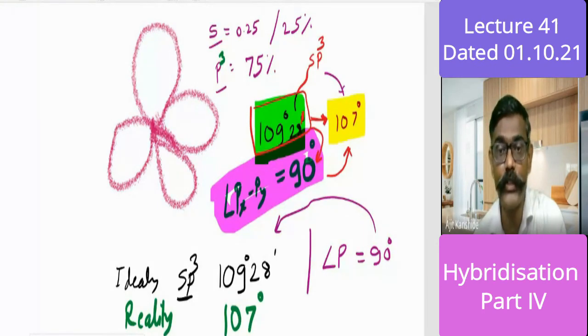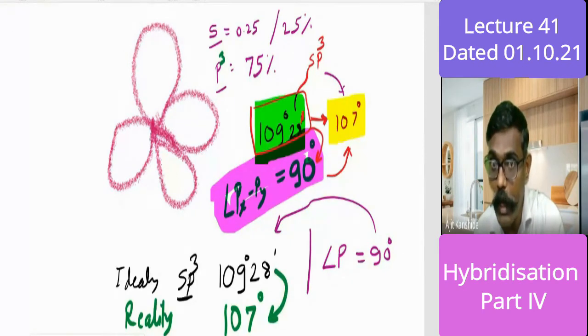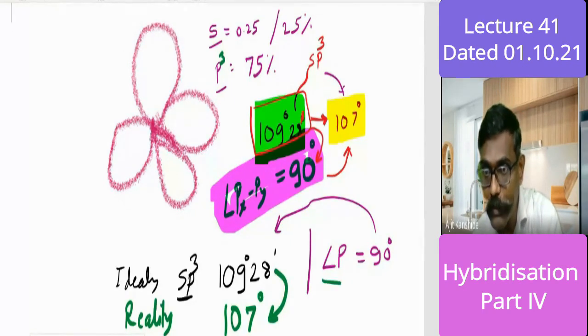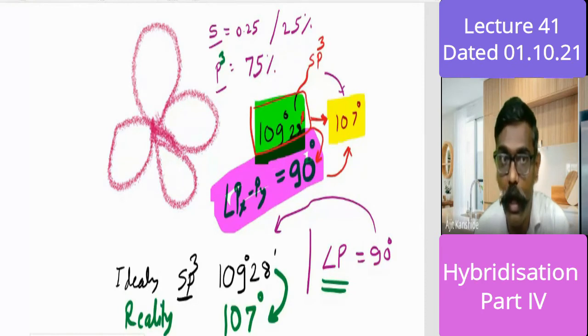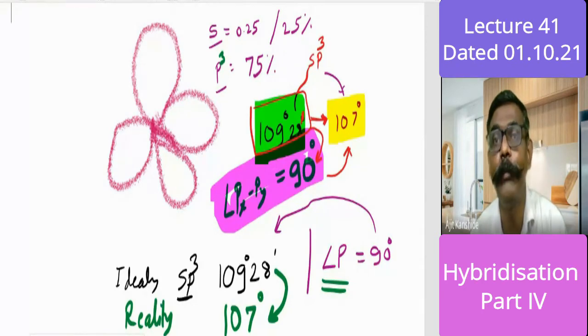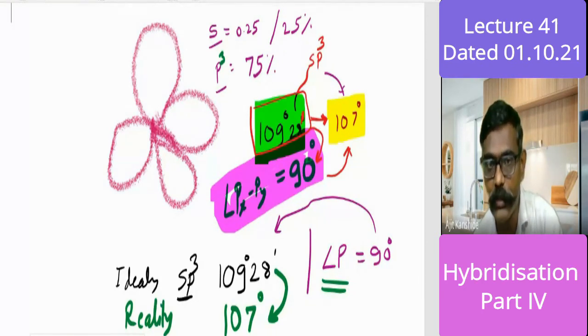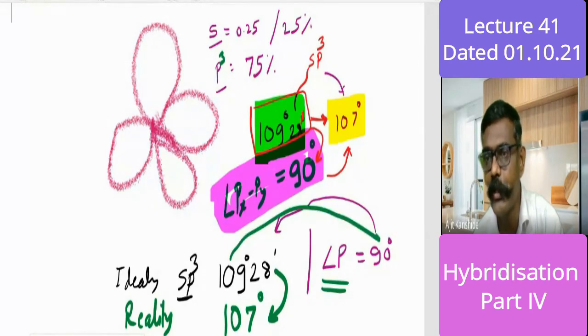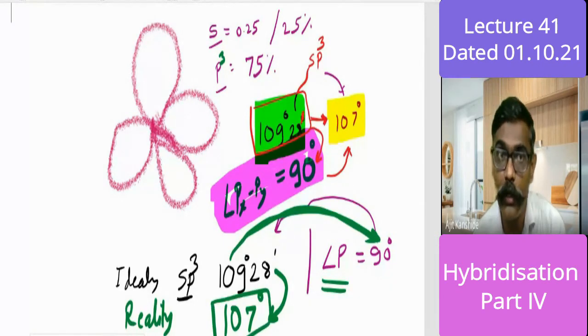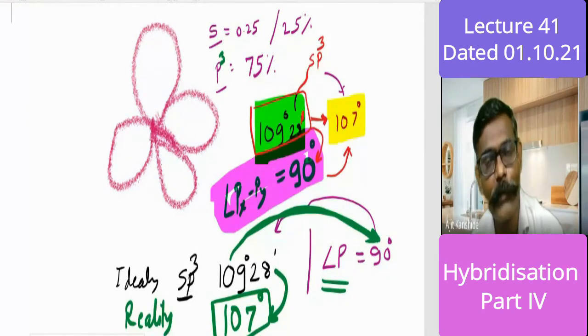My question is, while coming from ideal state to real state, we are approaching towards this angle, or we are away from the angle between the P orbitals. Means while moving from 109 degree 28 minutes to 90 degree, during that journey, whether this 107 degree comes or it is to the different side. Is my question clear?